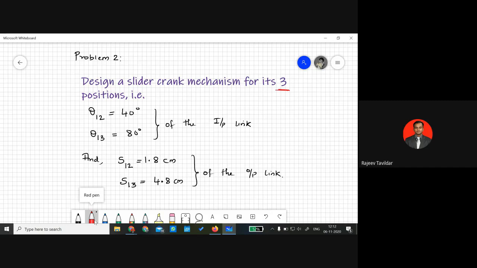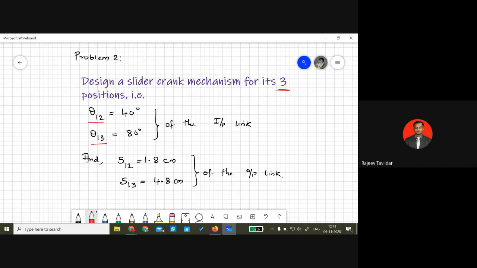But instead, what they have given you is theta 1, 2. Theta 1, 2 is nothing but the angle between the first position and the second position of the crank. Similarly, theta 1, 3, it stands for the angle between the first position and third position of the crank. It is 80 degrees. Okay, this is with respect to the input link.